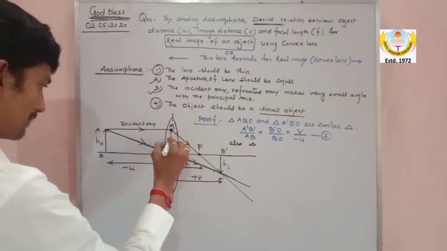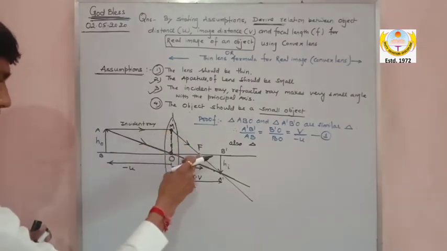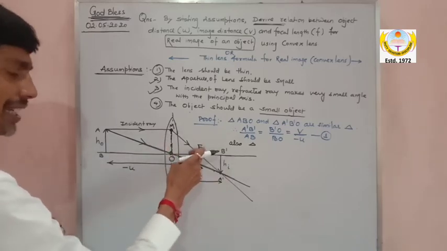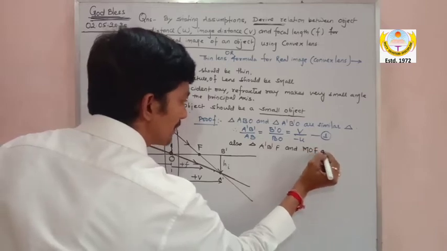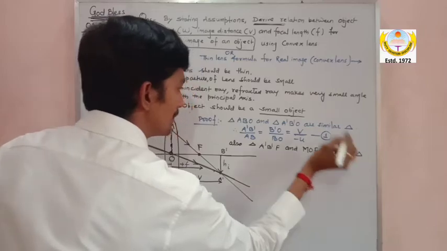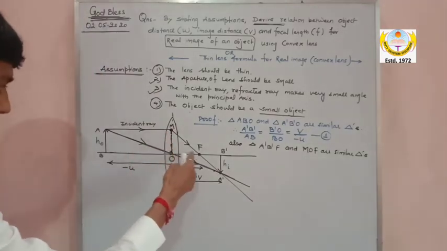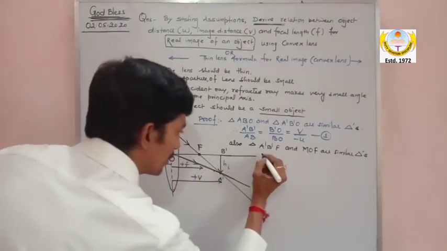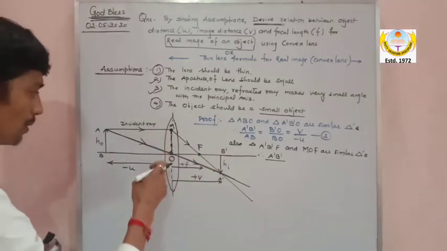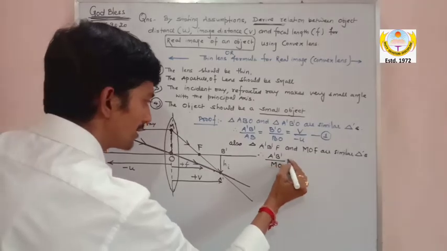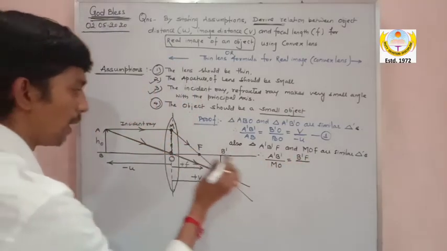Triangle MOF and A dash B dash F are similar triangles. Again, taking the image side first, A dash B dash upon MO is equal to B dash F upon OF.